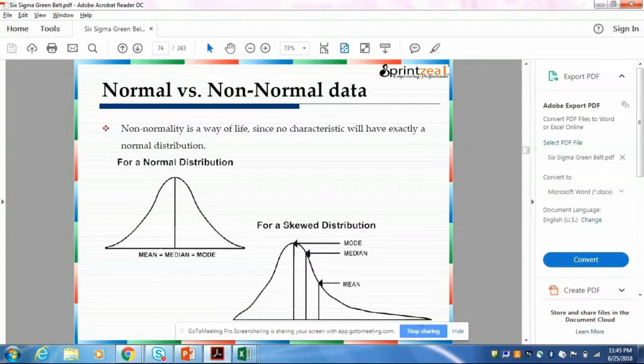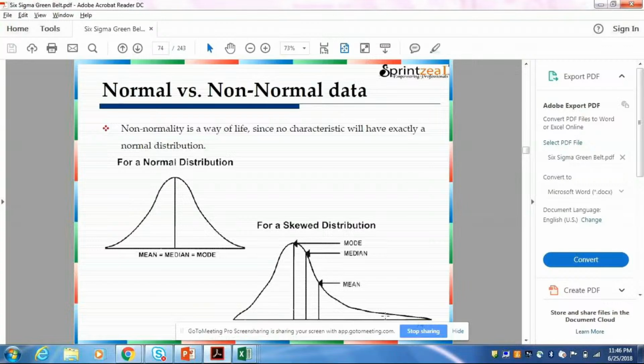Now for skewed distribution, it can be left skewed or right skewed. In a skewed distribution, there would be a difference between mean, median, and mode. If you see here, there are a lot of data points towards this side, and the tail goes longer here.